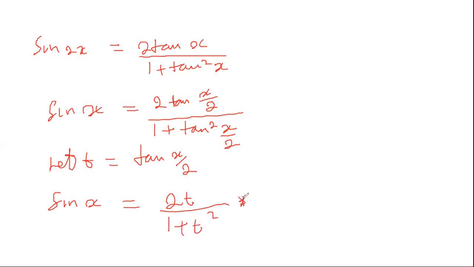So this would be the t formula for sine x. And after deriving the one of them, since we have a sine of x, we can use the right angled triangle to prove others.